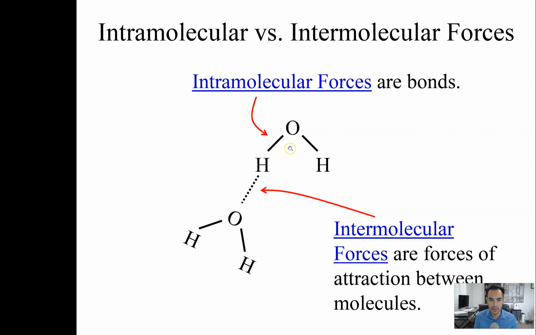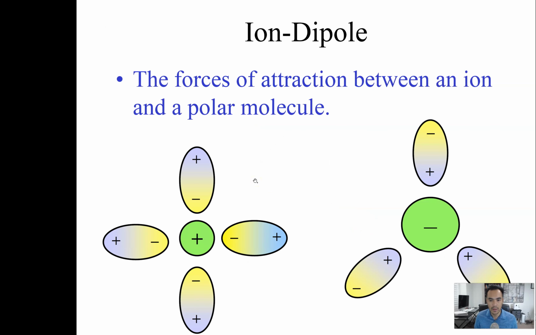So intramolecular forces are basically stronger because those are generally going to be things like covalent and ionic bonding, while these are going to be a little bit weaker and a little easier to remove. Now, an ion dipole, we talked about in the last unit, has to do with this idea of charges. If we define ion dipole, it's basically going to be that force of attraction between the ion and the polar molecule.